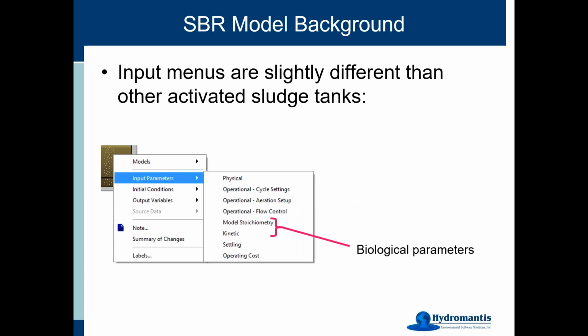Then the rest of these are basically the same as what you would find in a regular biological reactor. You have your biological parameters doing the stoichiometry and kinetic parameters. The settling parameters, so you can control, and match to the settling of the flocs, and then an operating cost menu, which has mostly just energy costing in there.